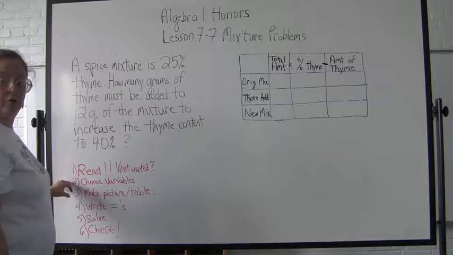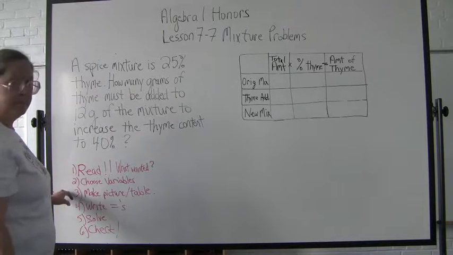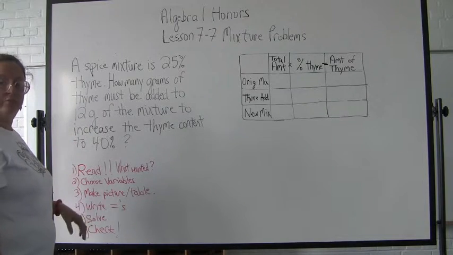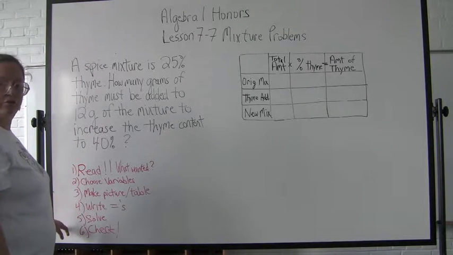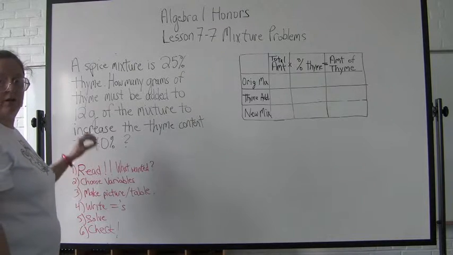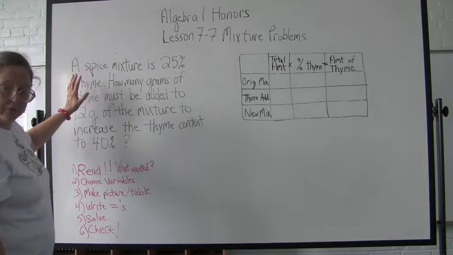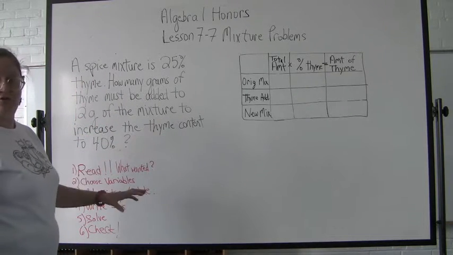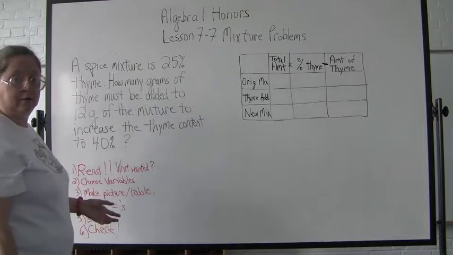Choose your unknown, your variable, what you're looking for. Then make a picture or table, if it helps you, to organize your information. Write your equations, solve, and then check your answer. Check your answer against the original problem, not by simply plugging back into your own equations, because you'll make the same mistake again.